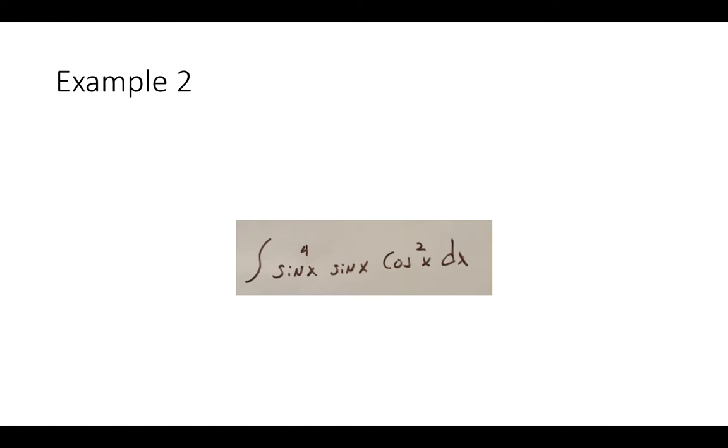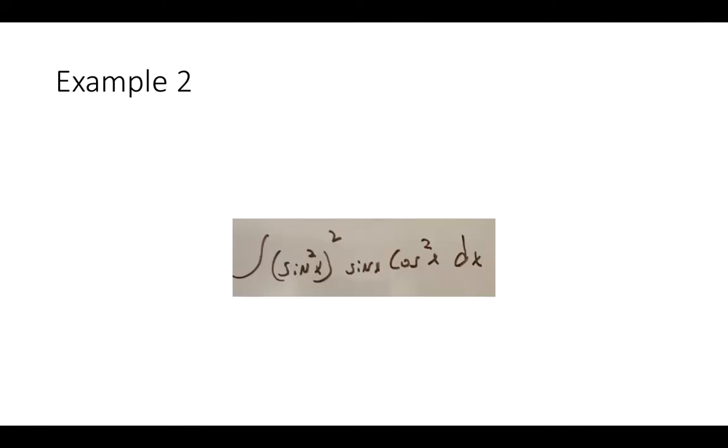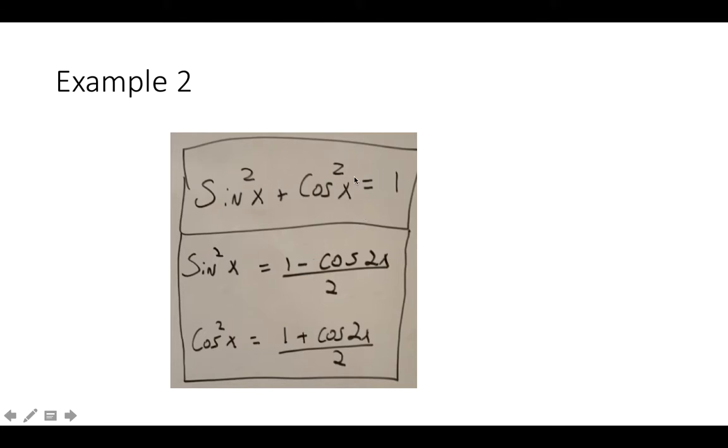I chose to break apart sine x because it's easier to make u equal to cosine, because what we can do now is change sine to the fourth to sine squared x squared, and then change sine squared x to 1 minus cosine squared x.